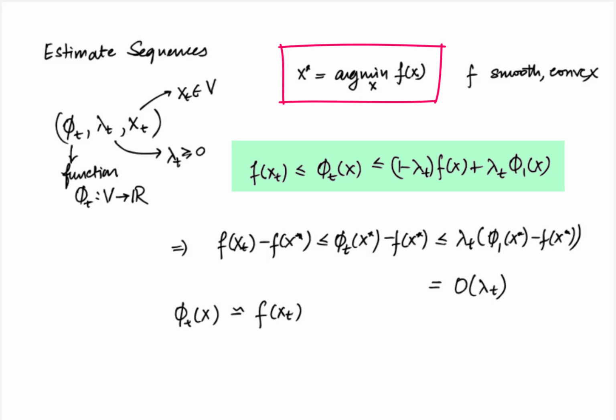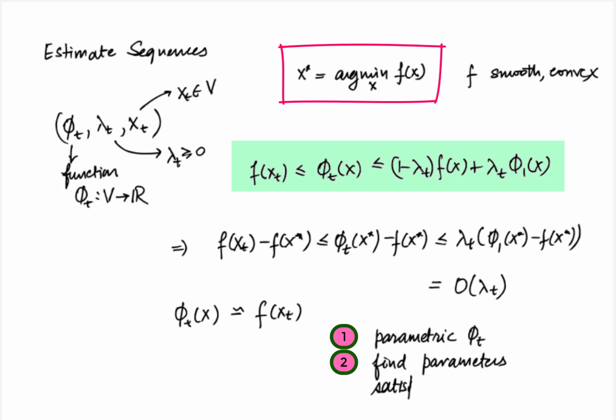The definition gives us the key idea behind the estimate sequence framework. We start by assuming a parametric form for phi of t. For instance, quadratic functions are often used. Then we would need to find out what parameters to choose such that it is a valid estimate sequence and satisfies both the upper and lower bounds in the definition.